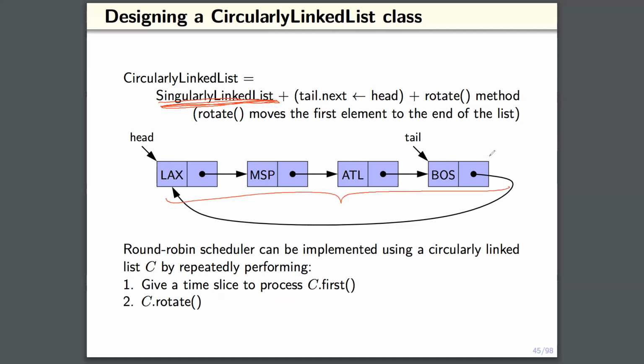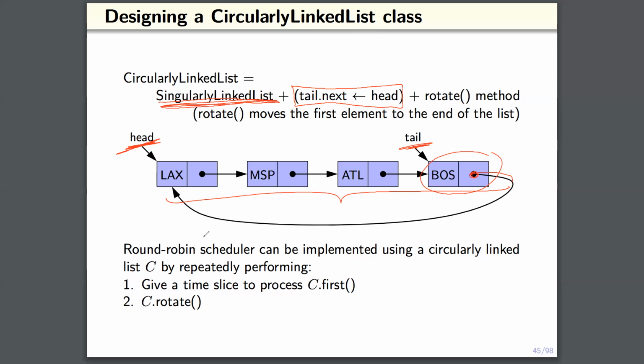You had the last node, you called it the tail node. Make sure that the next pointer of tail node points to the head node. The next pointer of tail node in SLL was pointing to null. But here, the next pointer of tail node will point to head. Tail dot next is equal to head. You just need one more operation like this.